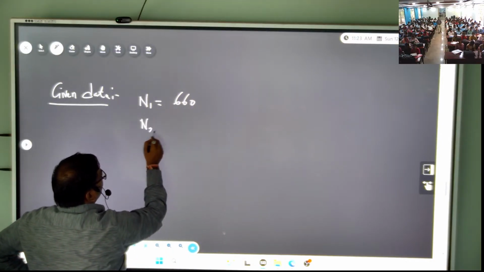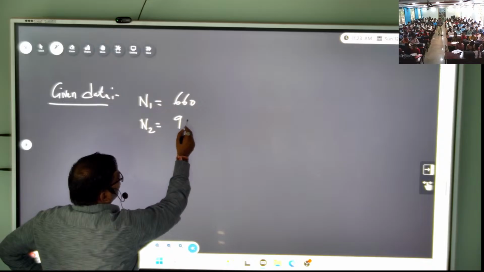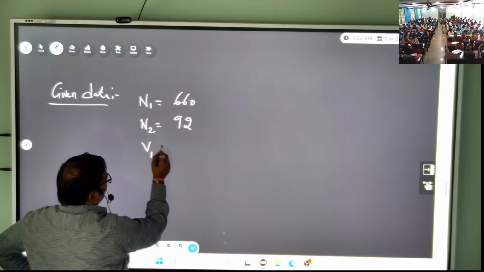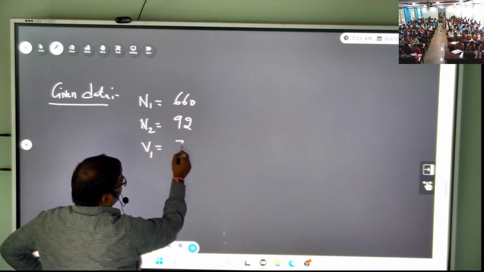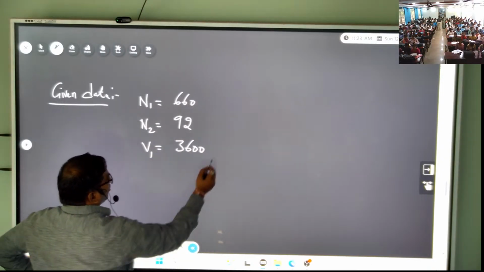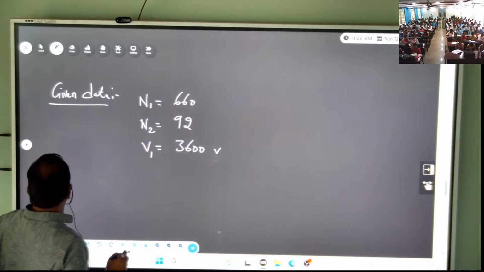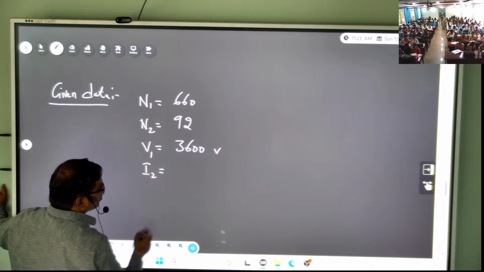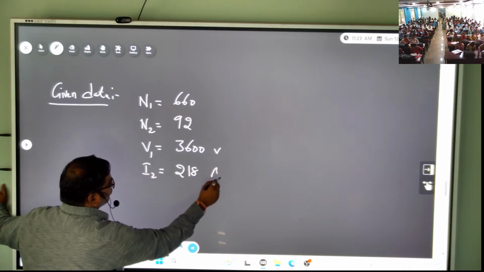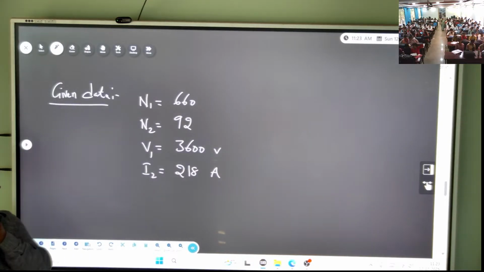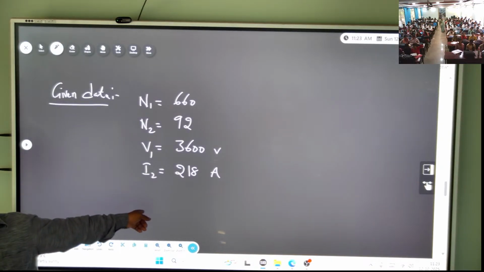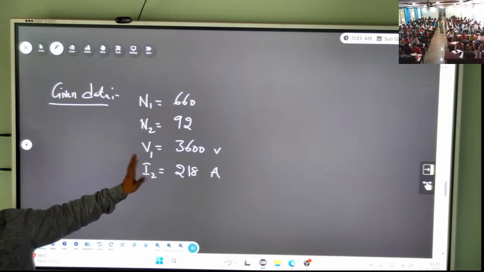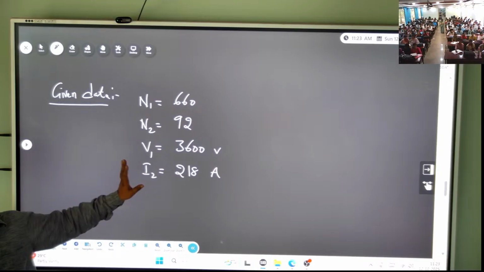N2? 92. V1 is given or V2 is given? V1 is given, how much? 3600 volts. Then current is given. I2 is given. I2 is how much? 213 amps. Is any data missing? F is not given.